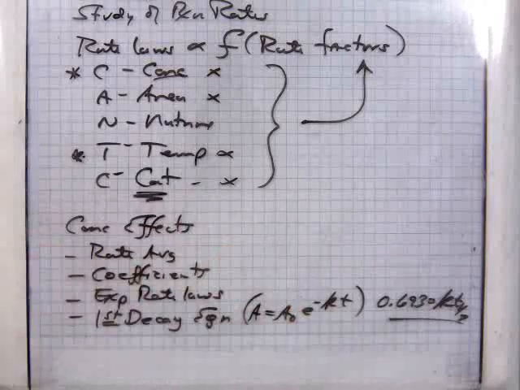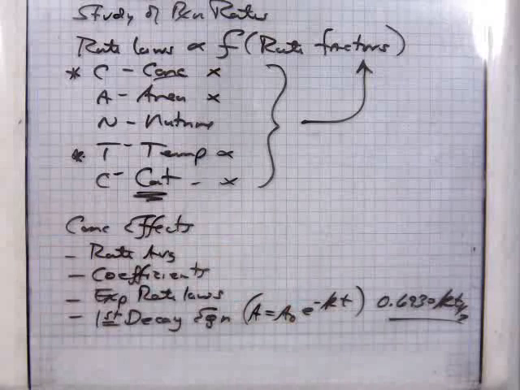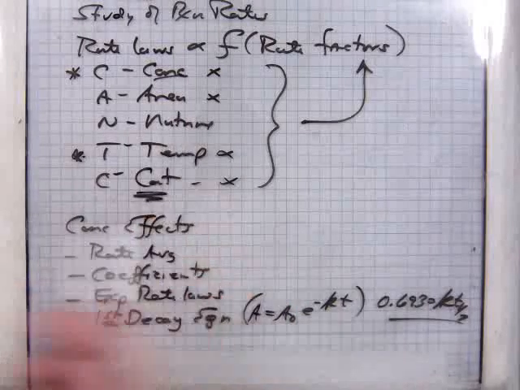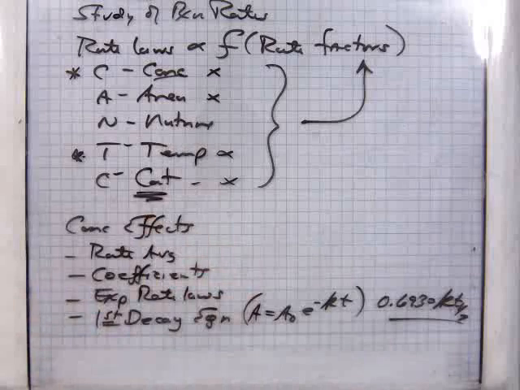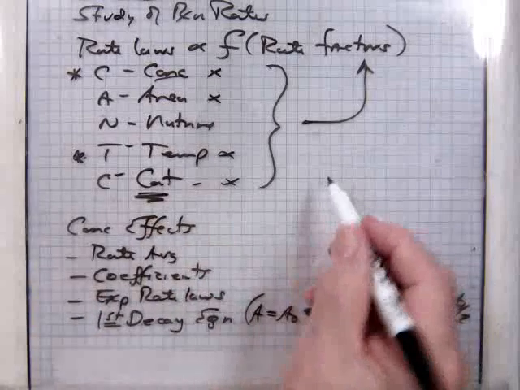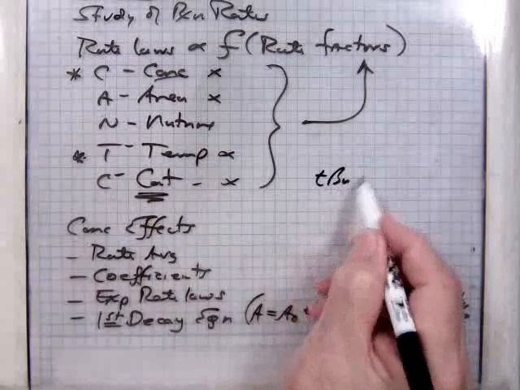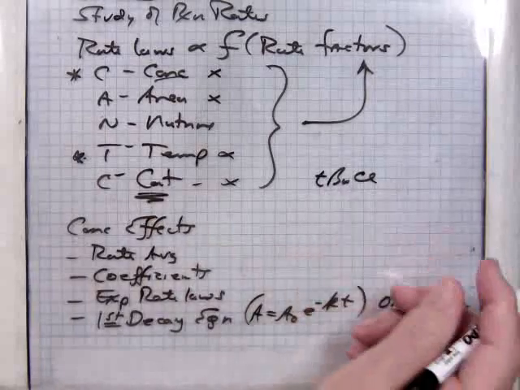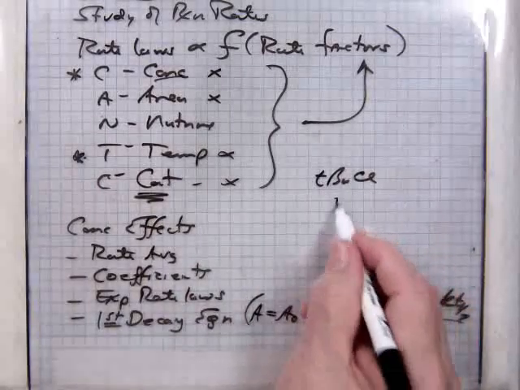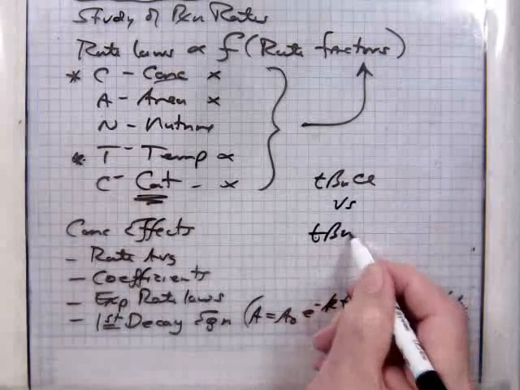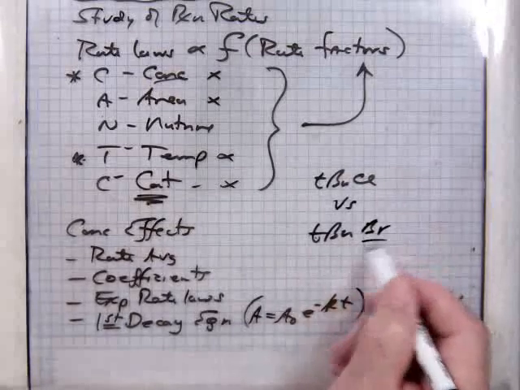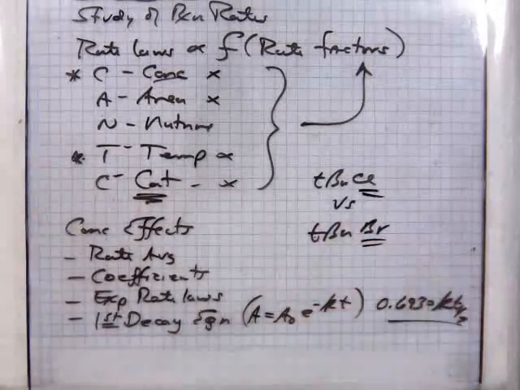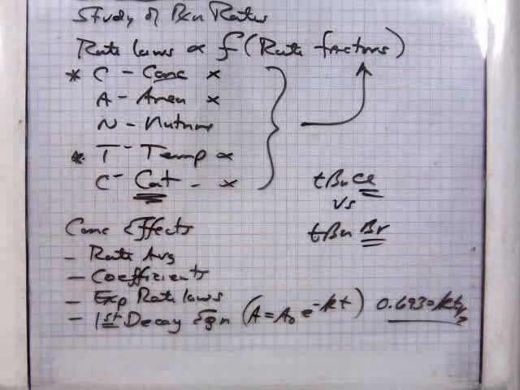Area: if you increase area, you increase reaction rates because there's more available reaction space, surface. Nature is the chemical structure. We mentioned t-butyl chloride, and this will be Monday. I'll show you this differential versus t-butyl bromide. How do reaction rates change if you change one of the halides in there?